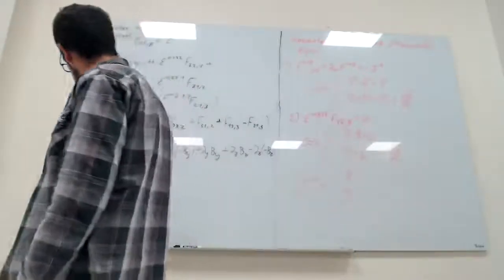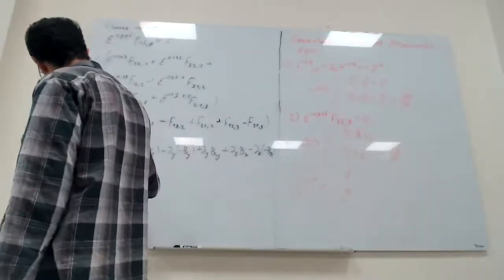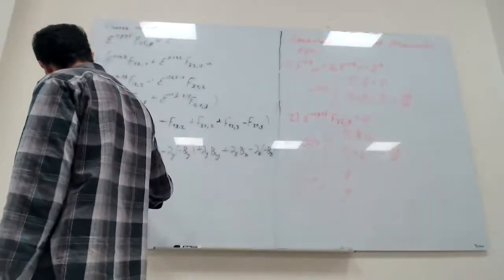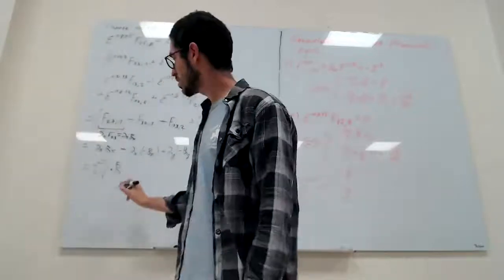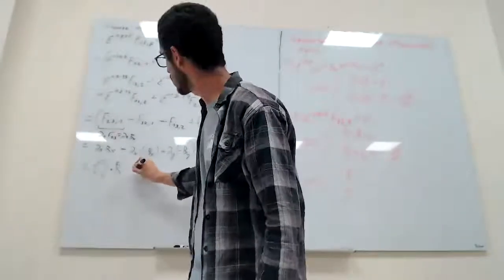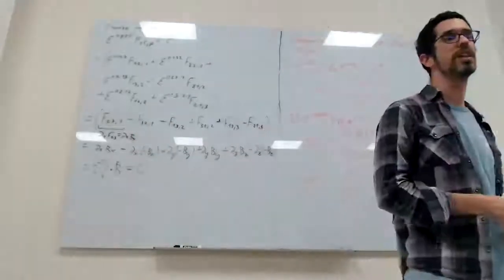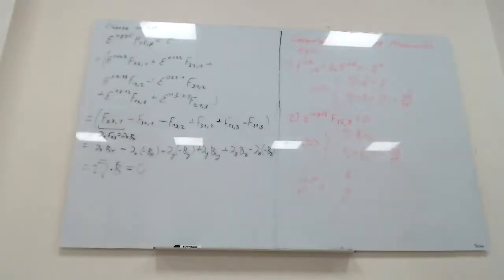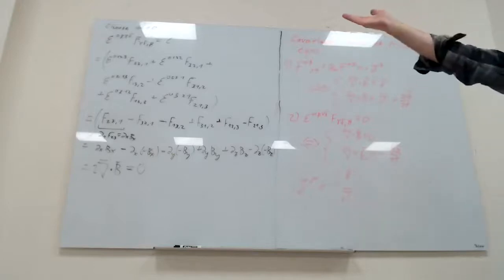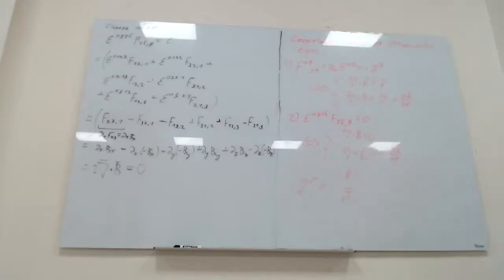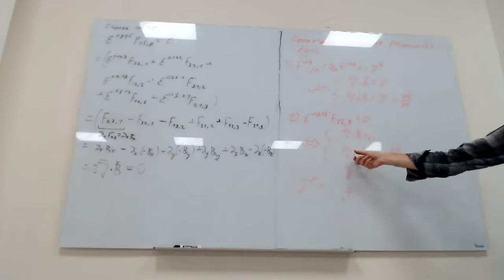What you have here, we know that equals 0. That's exactly it. Now, if you choose alpha equals i, you will get one component of this equation.